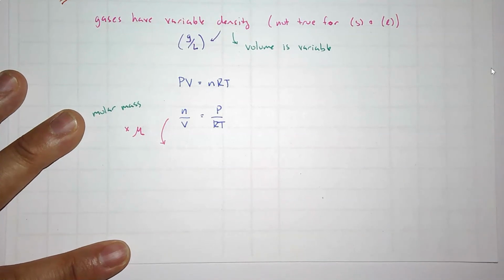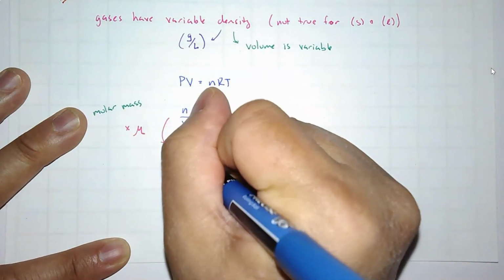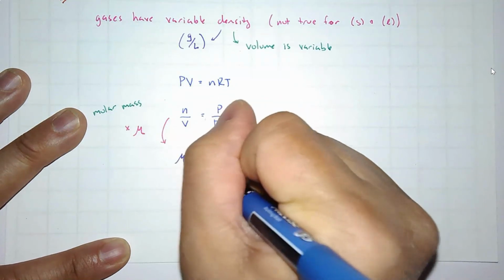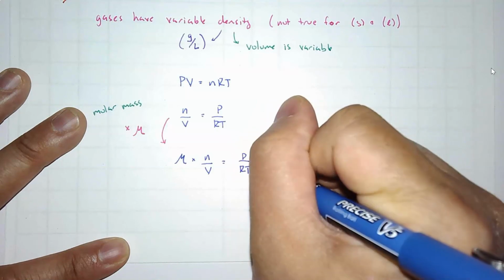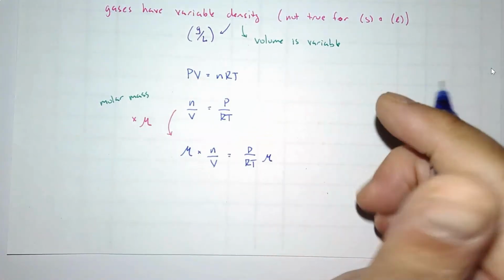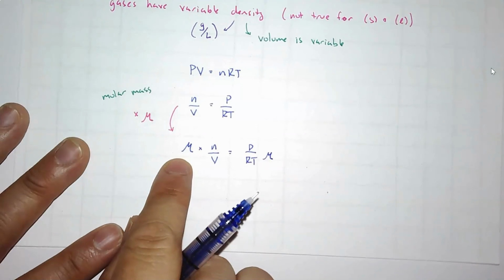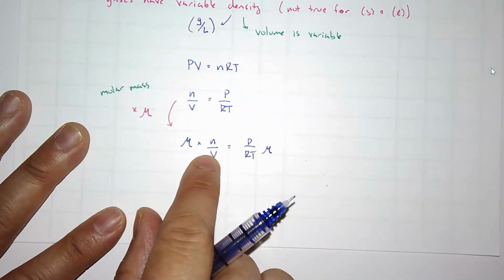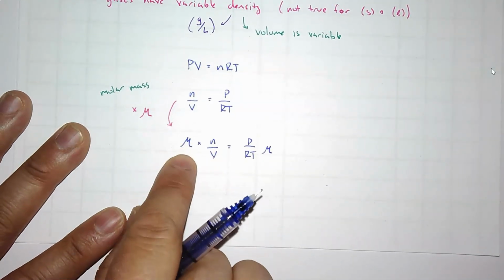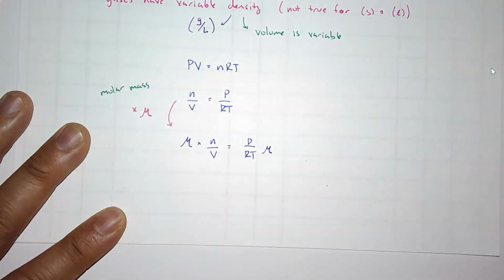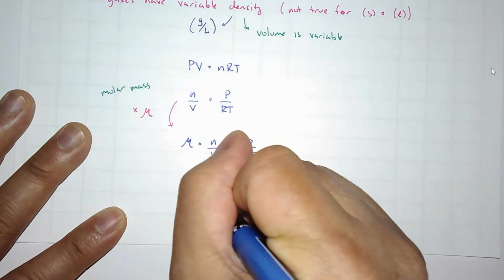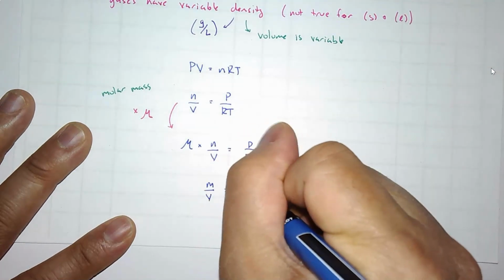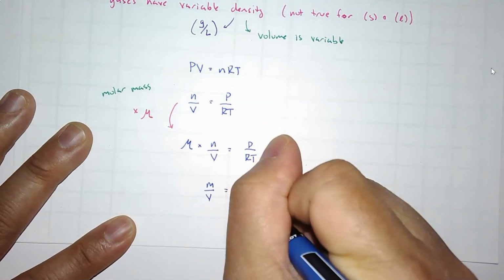So we have M times n over V equals, and we multiply both sides, P times M over RT. When you have molar mass times moles, you get the mass. This is grams per mole times mole, so we get grams on top. That will reduce to mass over volume equals P times molar mass over RT.